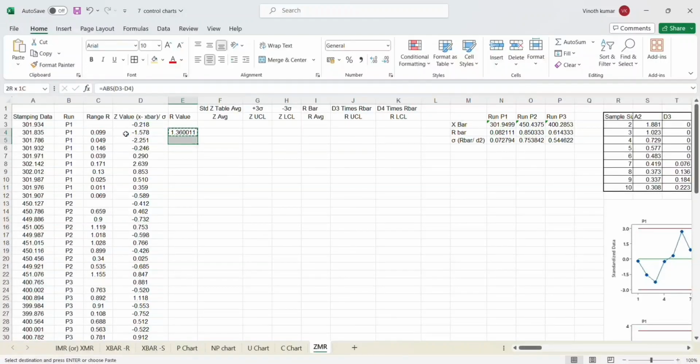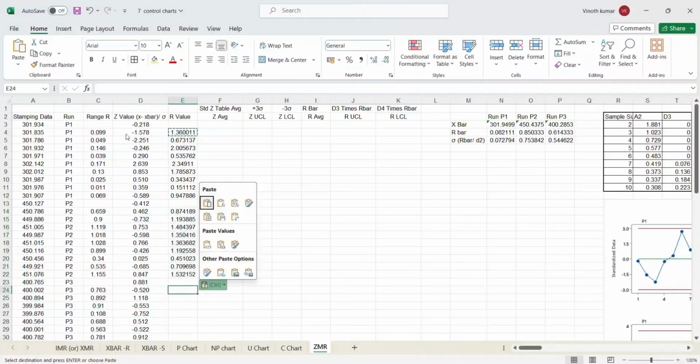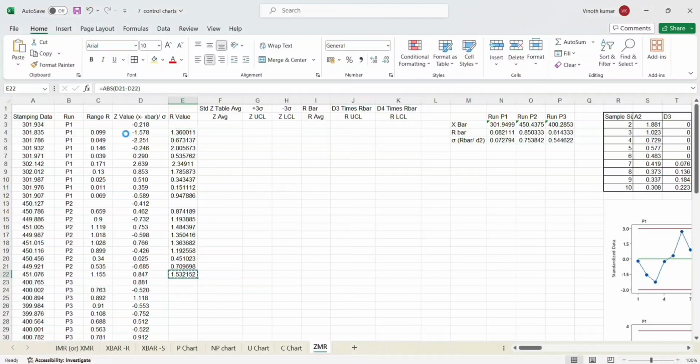I can now copy paste it up to this point. Same formula, I can copy paste it from here up to this point, because for the first data point we are not going to calculate for that production run. That is the first unit, so I can copy paste it from here to here.